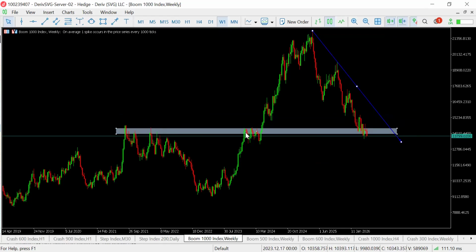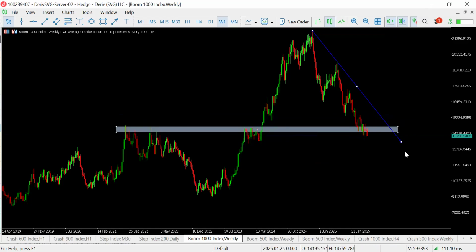Like I said, price is currently at a key support level. If price is able to clearly clear out this level, then we can start looking for more selling opportunities. So we have price giving us lower lows and lower highs.